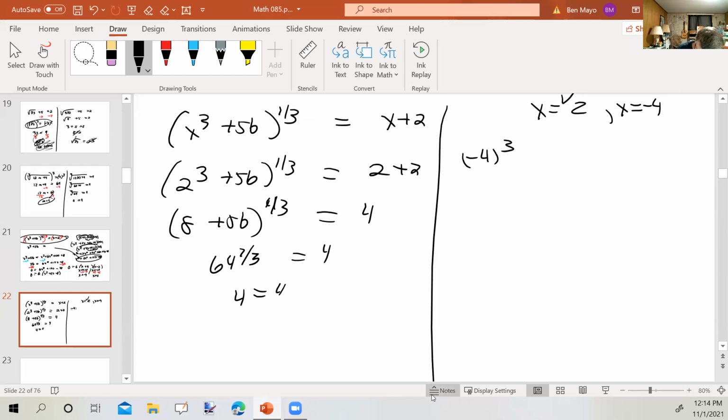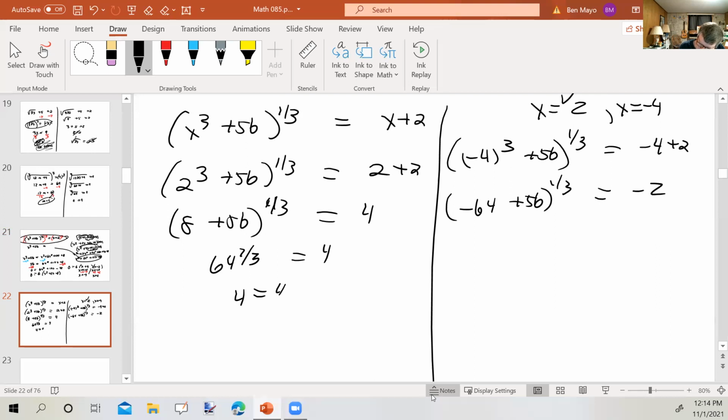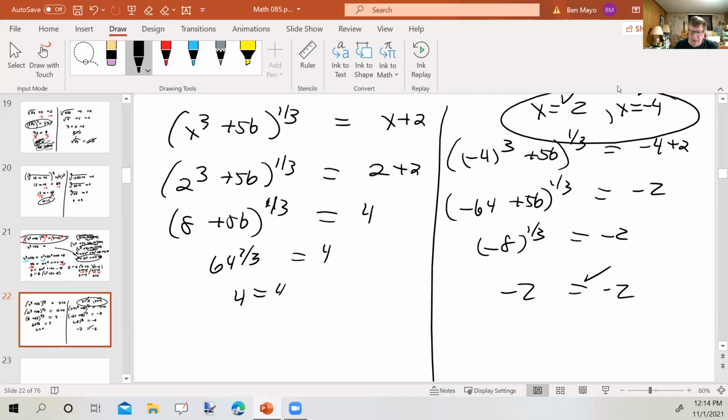Negative 4 cubed plus 56 to the 1/3 power equals negative 4 plus 2. Negative 64 plus 56 to the 1/3 power equals negative 2. Negative 8 to the 1/3 power equals negative 2. Well, the cube root of negative 8 is negative 2. Negative 2 equals negative 2. So they both check. All righty.